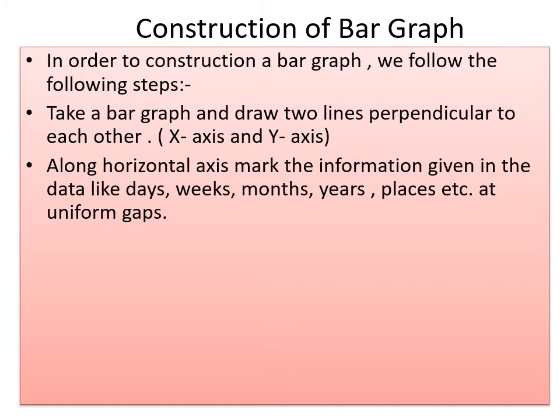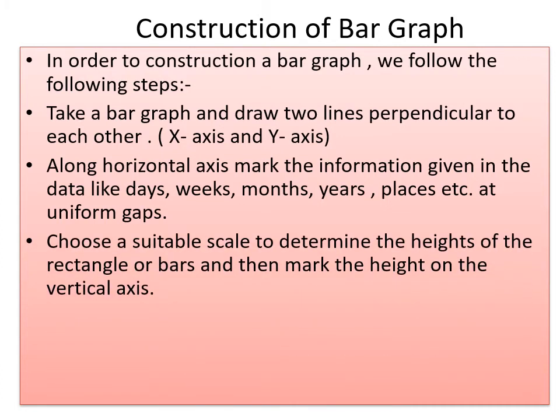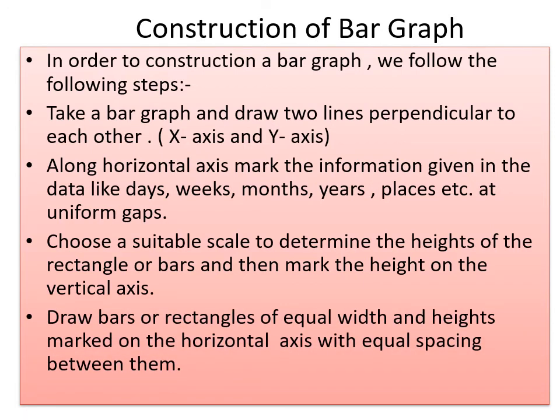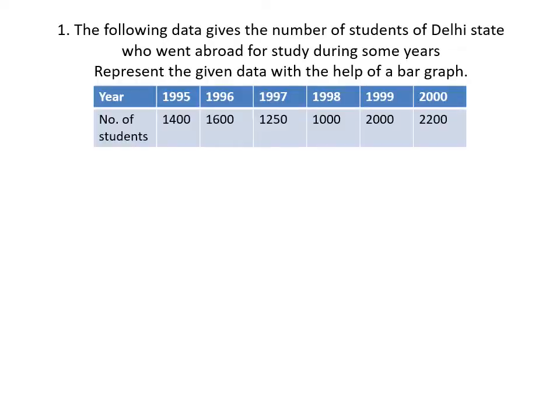Along the horizontal axis, mark the information given in the data like days, weeks, months, years, places, etc. at uniform gaps. Choose a suitable scale to determine the height of the rectangles or bars, and then mark the height on the vertical axis. Draw bars or rectangles of equal width and the given heights on the horizontal axis with equal spacing between them.